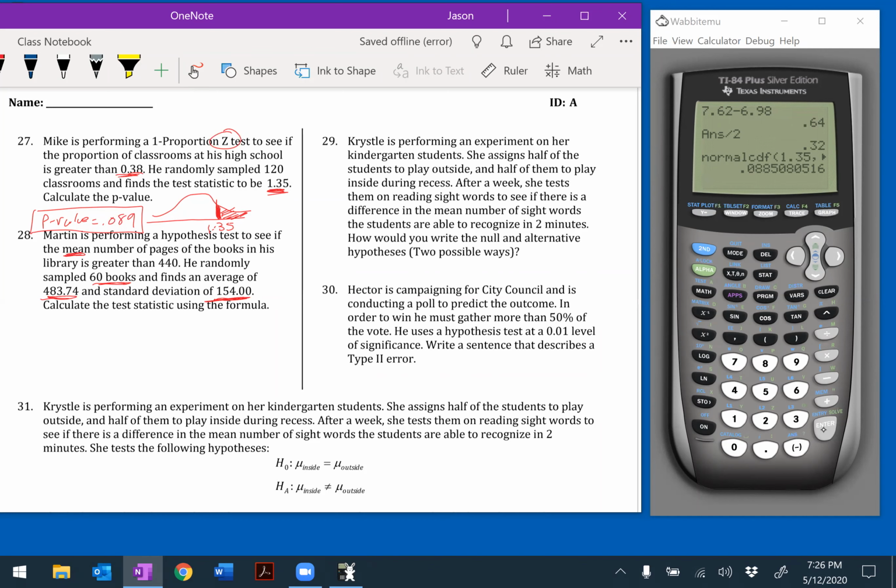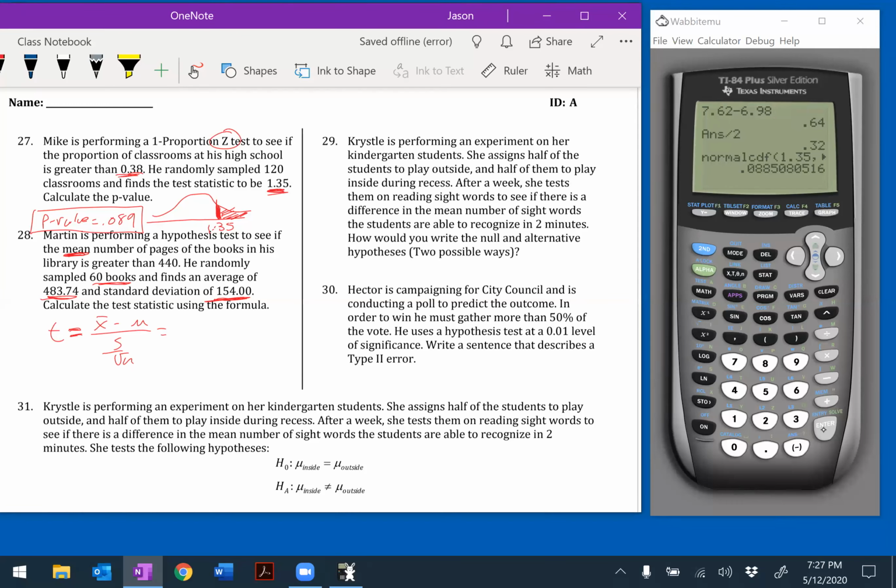And he finds these, S is the standard deviation. So we have S here. It might just be easier to do it by hand. So t is equal to x bar minus mu, all over s over the square root of n, right?